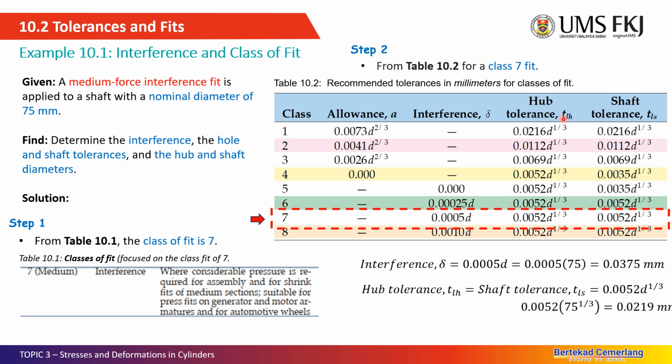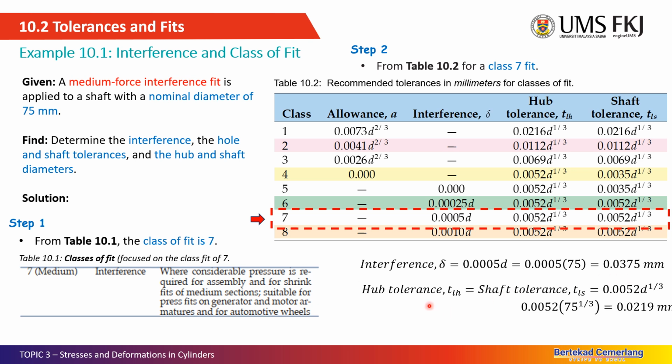The hub tolerance TLH is equivalent to 0.052D to the power of 1/3, and the shaft tolerance TLS is also 0.052D to the power of 1/3. So we plug in the value, D being the nominal diameter, and we get the interference equivalent to 0.0375 millimeter.